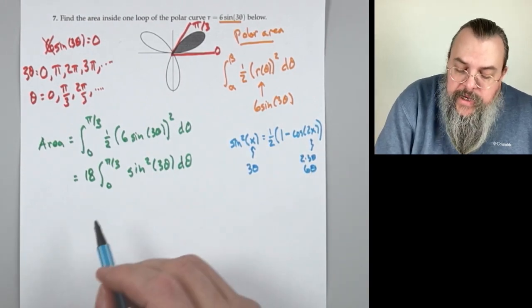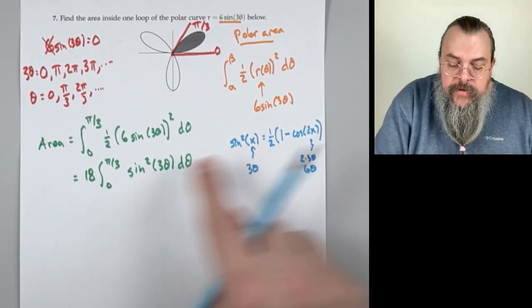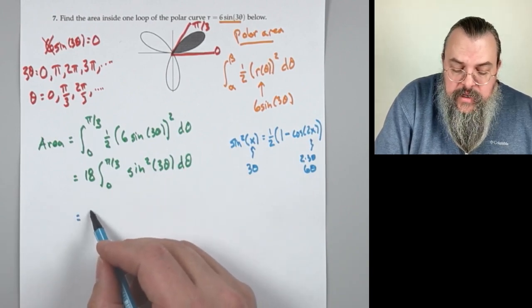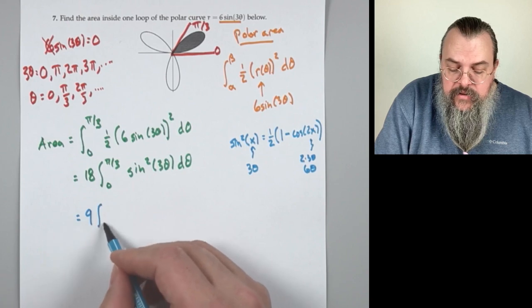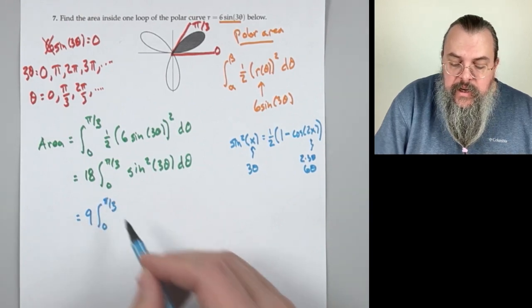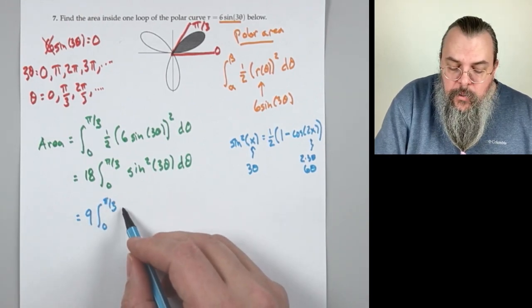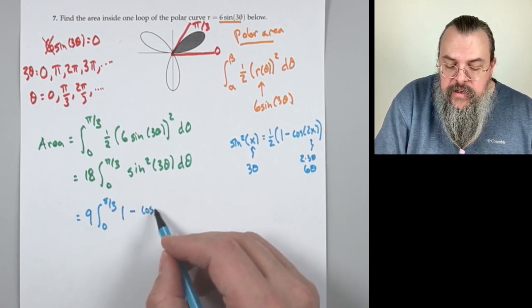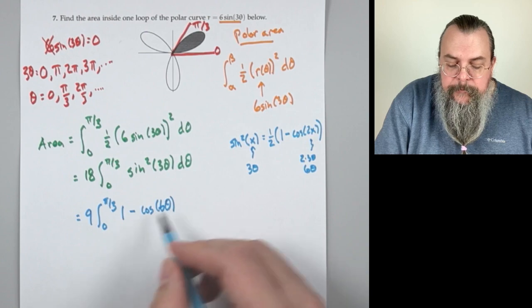So what do we have? Well, we have a half. That can join our 18 out front. So that makes it 9, integral 0 to pi over 3, and then we have 1 minus cosine 6 theta.